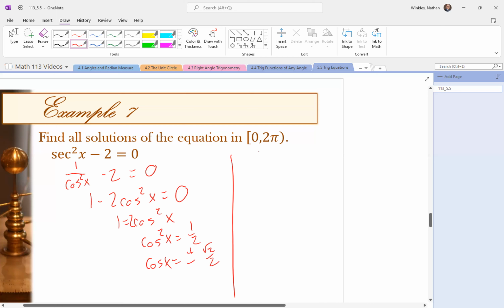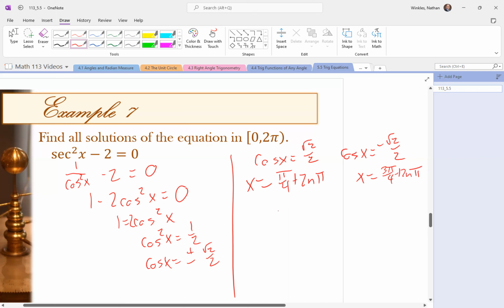So that means that we really need to solve cosine x equals root 2 over 2 and cosine x equals negative root 2 over 2. In the first case, this would tell us x equals pi over 4 plus 2n pi. In the second case, x equals 3 pi over 4 plus 2n pi.